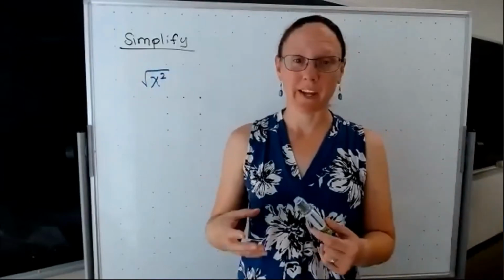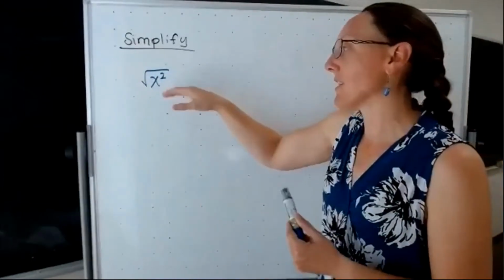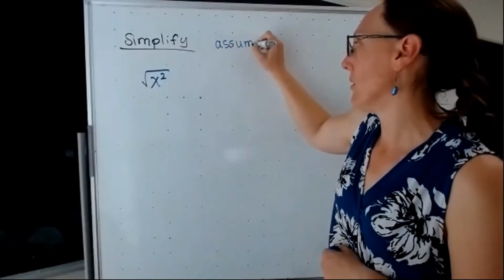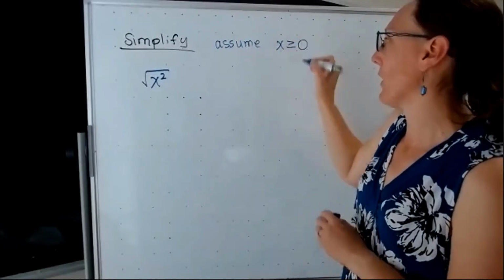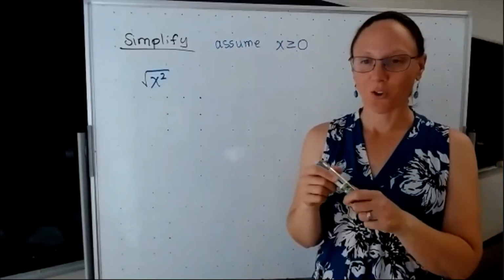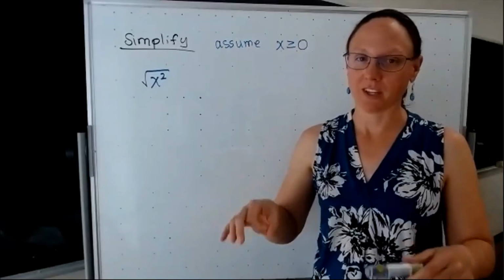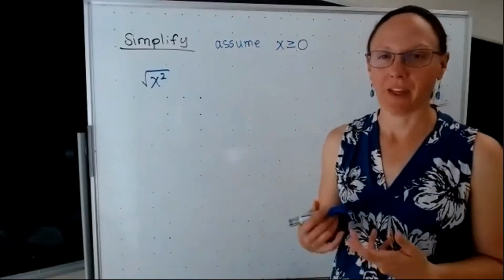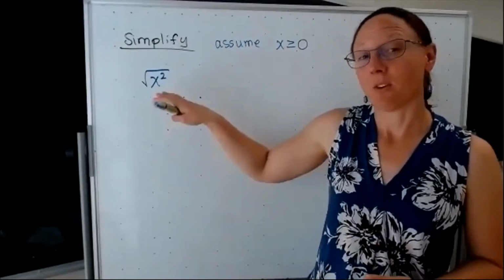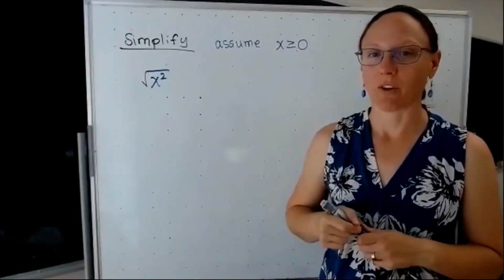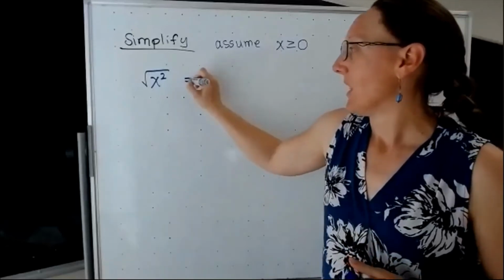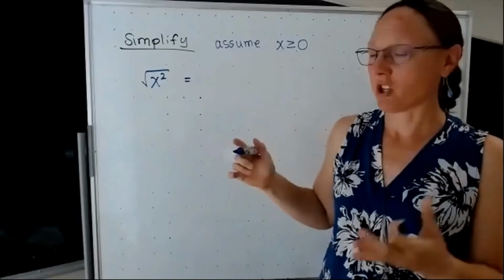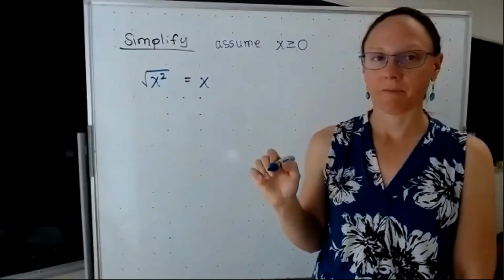So our textbook is pretty careful about this to say we're going to simplify that, but let's assume that x is greater than or equal to 0, so that we don't have to worry about, for the time being, that what's inside might be a negative number and therefore undefined. So if I wanted to simplify the square root of x squared, I kind of think about it as the square root and the x squared sort of undo each other, and I'm left with an x.